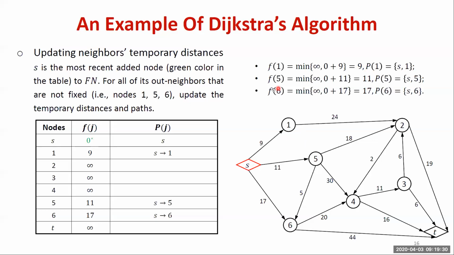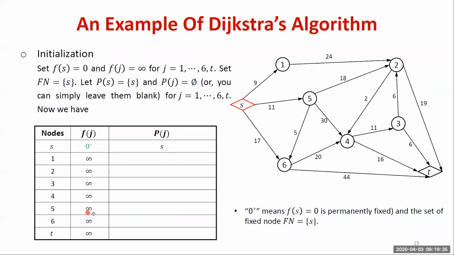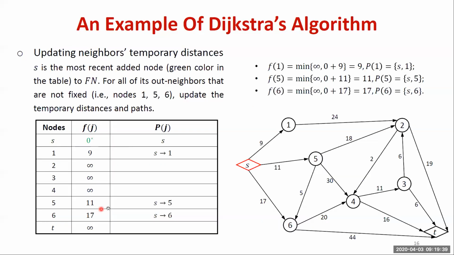Okay, let's have a look at node 5, similar. In the previous table, node 5's distance is infinity. Now use this recursive formula and compare which one is shorter: the previous distance, which is infinity, or the new distance, from the most recent added node S to node 5.